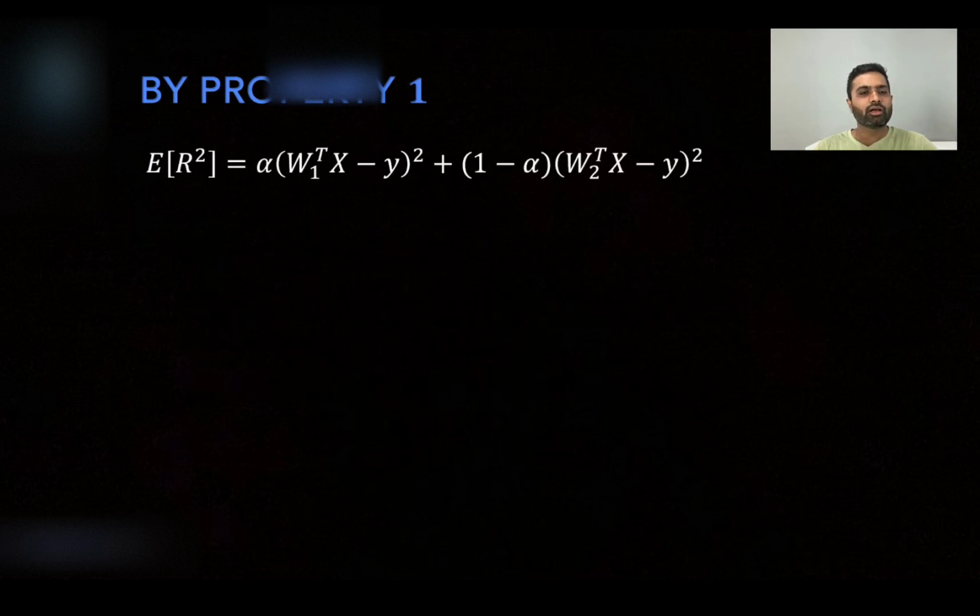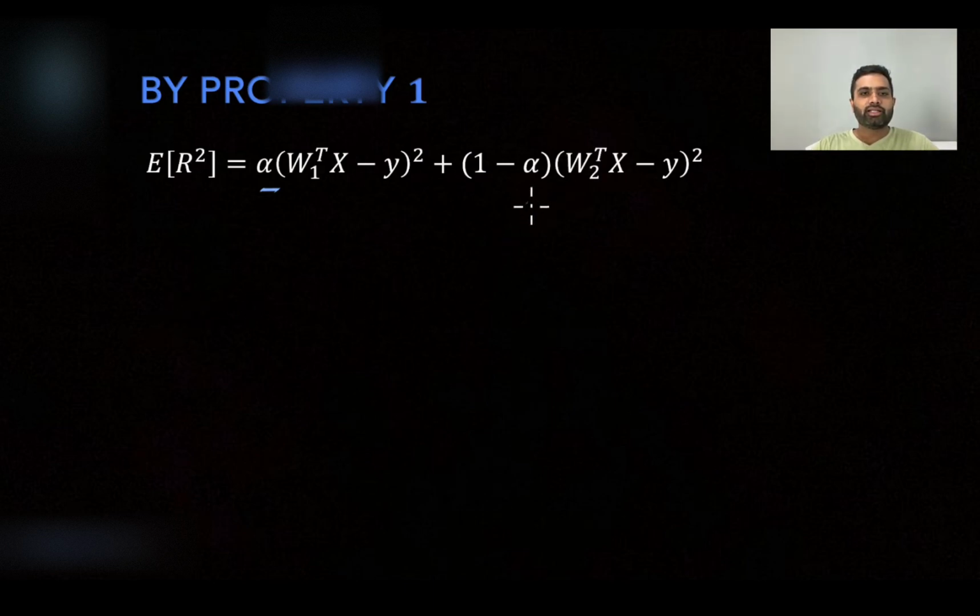So what will be the expectation of r square? You square all possible values this random variable is taking, and you do the weighted average. So w1 transpose x minus y is one value taken by the random variable r, and if I square it, it becomes (w1 transpose x minus y) square, and it is taking that value with the probability alpha. That's the definition of the expectation. You just do the weighted average.